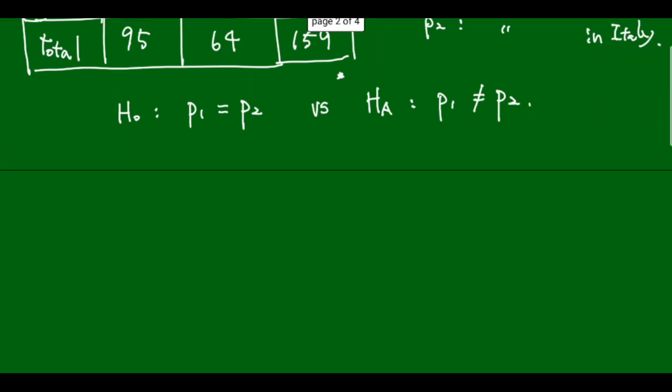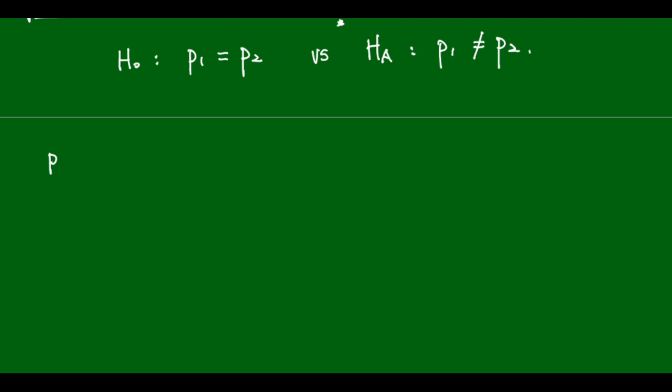So we already set up our hypothesis, and the next step for the proportion testing is to estimate the P. P1 is the death rate of COVID-19 in the USA. To estimate P1, I count the number of deaths in the USA and divide by the total number of observations in the USA.